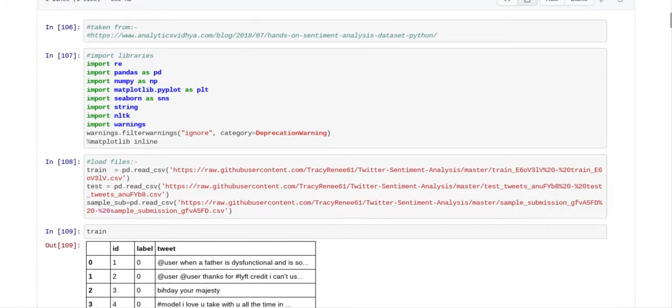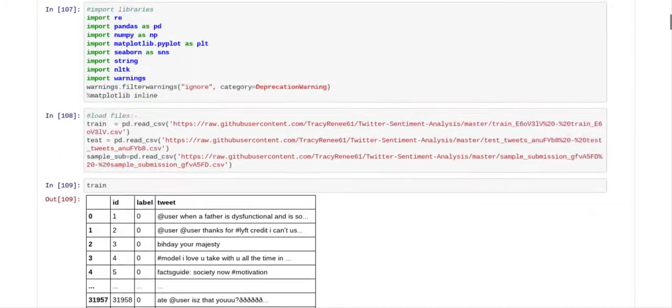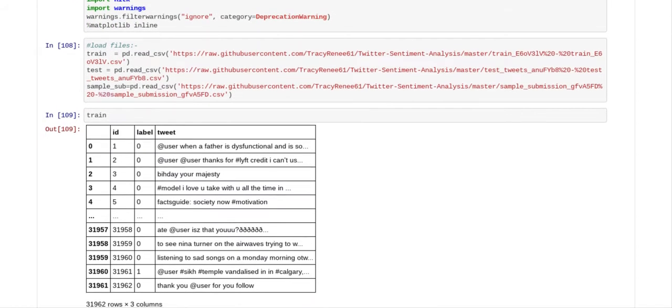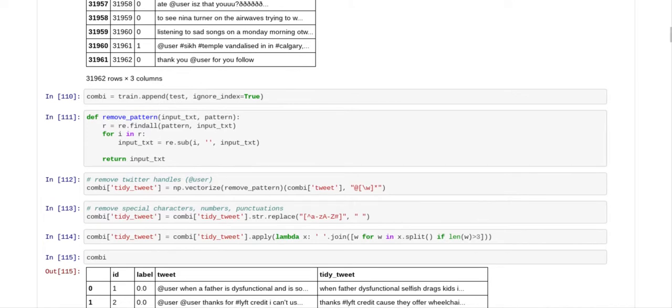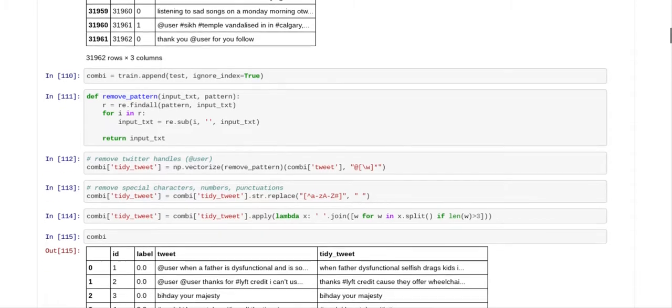We input our libraries. We load our files. And here you can see the train file that's got all of these characters in it. We combined the two files, so we appended the test file to the train file.